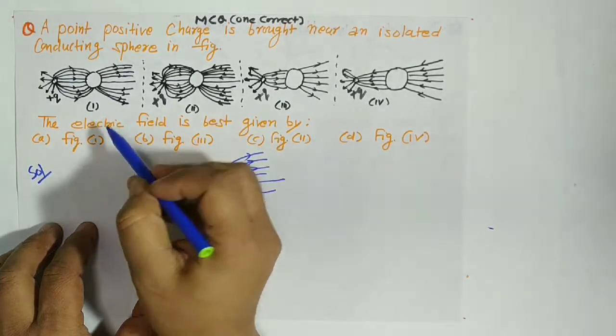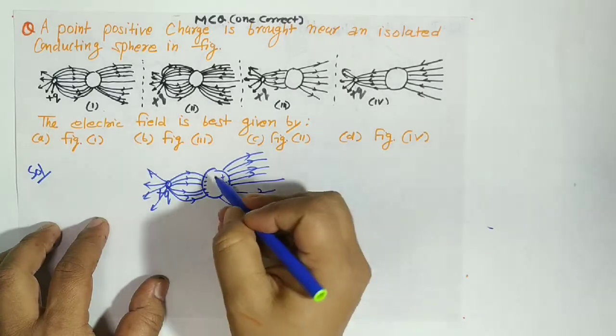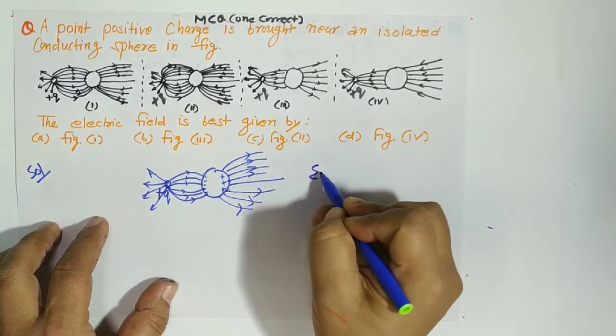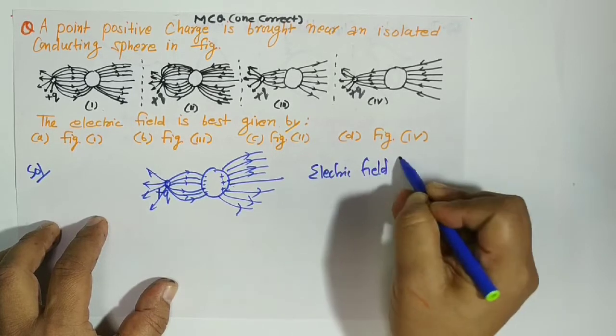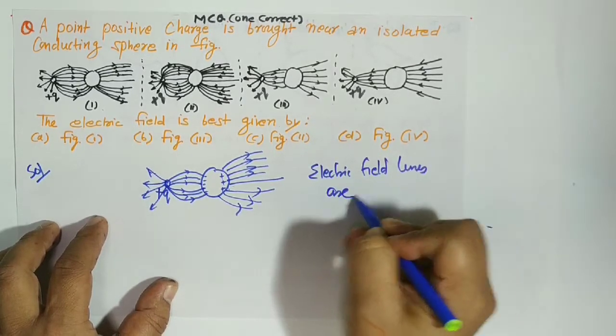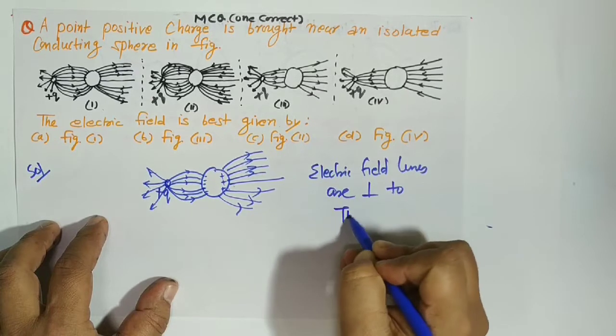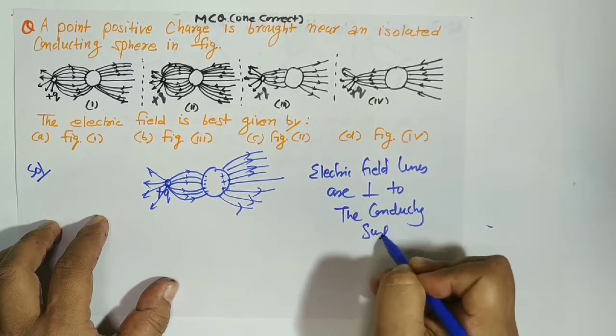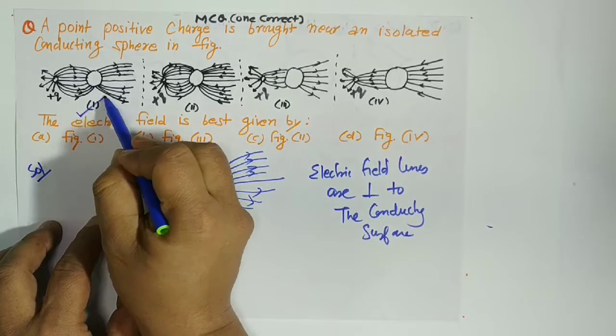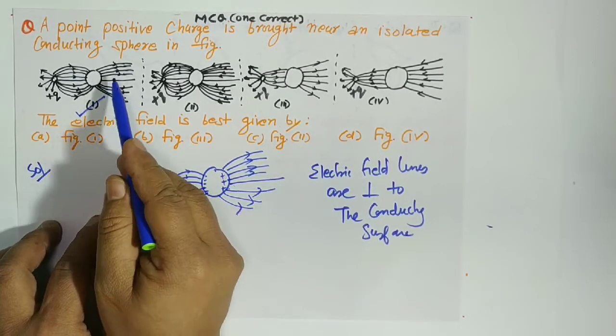And this first option is correct. Why? Because electric field lines are perpendicular to the conducting surface. So the first one is the correct answer. Okay, got it? They are perpendicular to the surface.